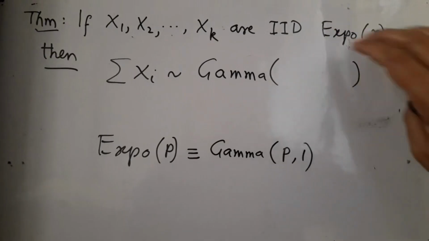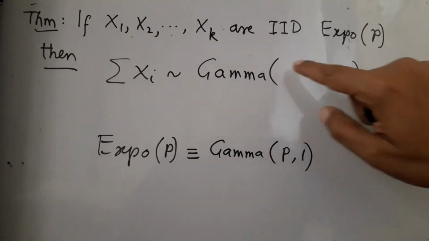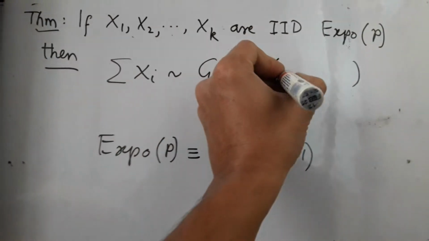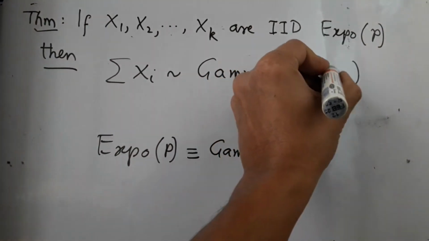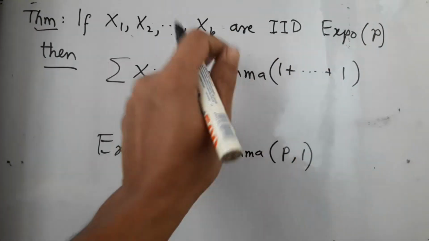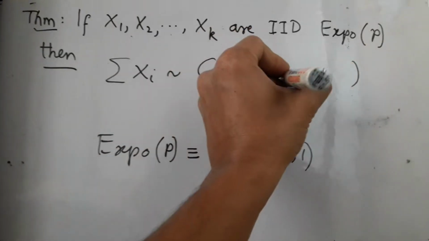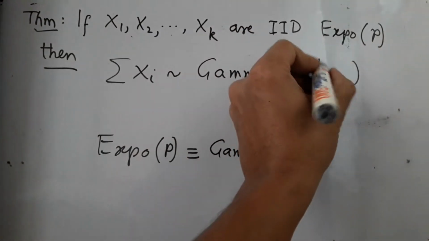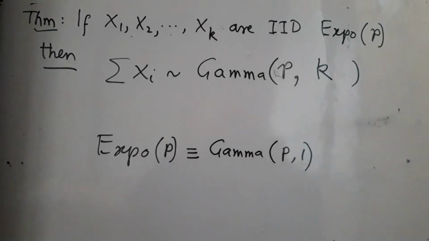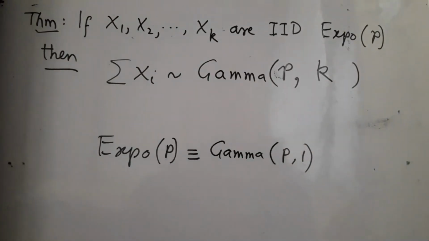So all of them are independent gamma with same p and all of them shape 1. So by our earlier theorem, 1 plus 1 plus 1, all these shapes add up, and how many are there? k many. So this will be gamma with p, k. That is an interesting result. The sum of IID exponentials has the gamma distribution.